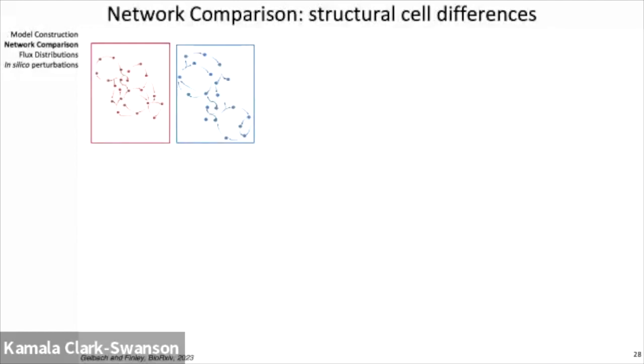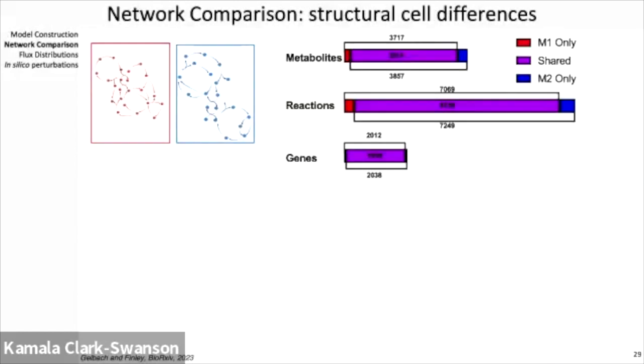And so we can then compare network structure. This is like a Venn diagram showing the number of model components that are unique or shared. As you would expect, a majority of the metabolites, reactions, and genes are shared between these M1 and M2 models. Those probably correspond to just generic cell function or generic macrophage function, but we think that the ones that are distinct, the red and the blue, probably correspond to M1 or M2 specific activity.